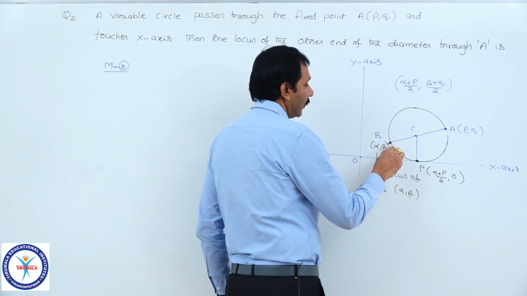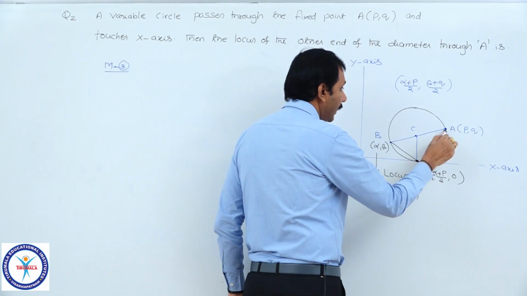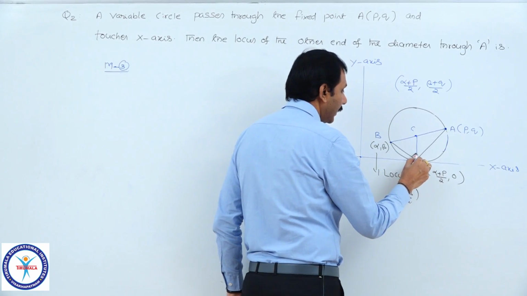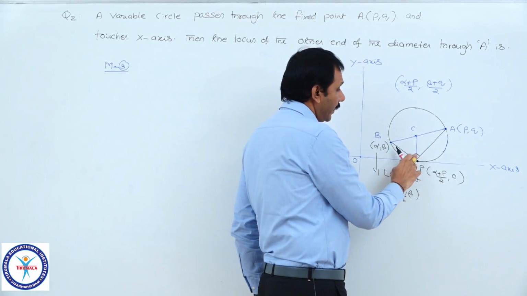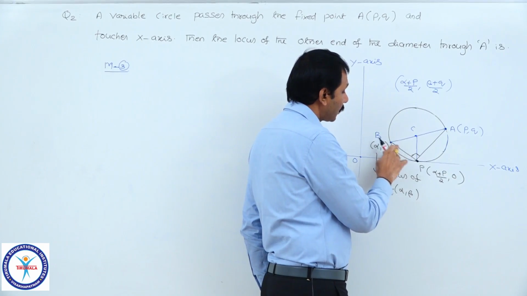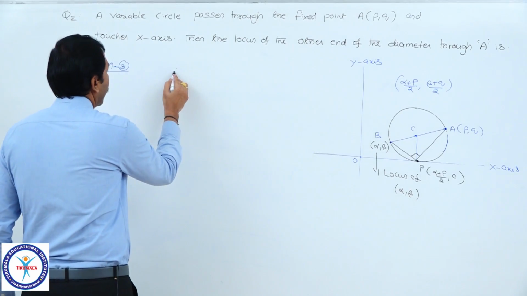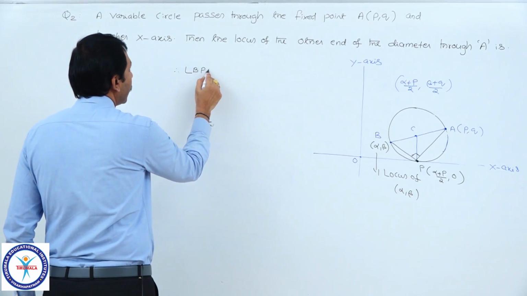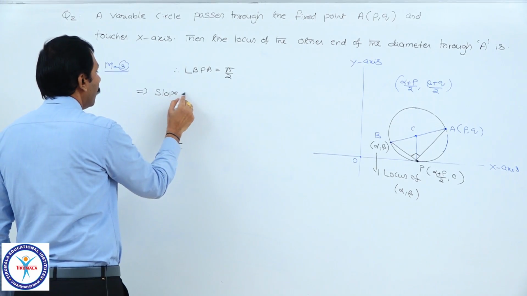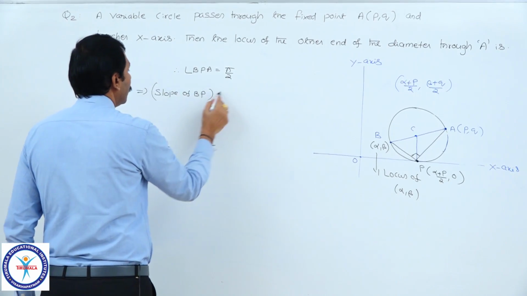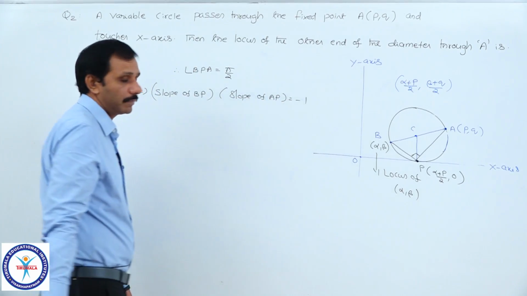And now, because it is the diameter, angle BPA is 90 degrees, angle in a semicircle. Because here it is 90 degrees, we can write slope of BP into slope of AP equal to minus 1. Therefore, angle BPA equal to 90 degrees implies slope of BP into slope of AP is equal to minus 1.